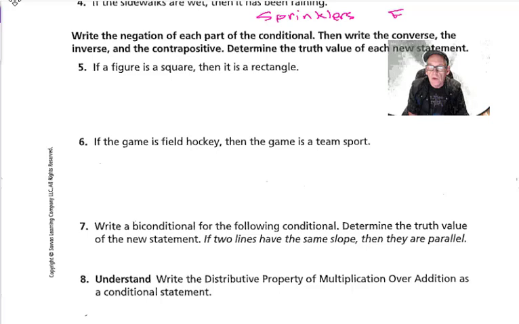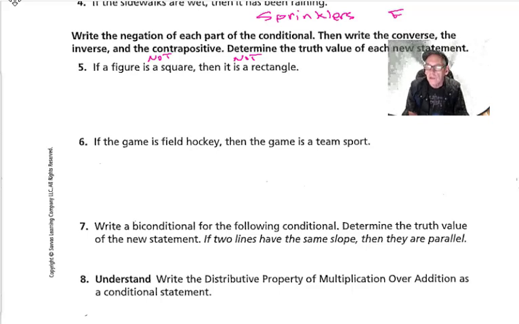Write the negation of each part of the conditional, then write the converse, the inverse, and the contrapositive, and determine the truth value. Okay, so let's see what we got. So write the negation of each part. So not a square, then not a rectangle. So there's the negation of each part. Then write the converse, the inverse, and the contrapositive.